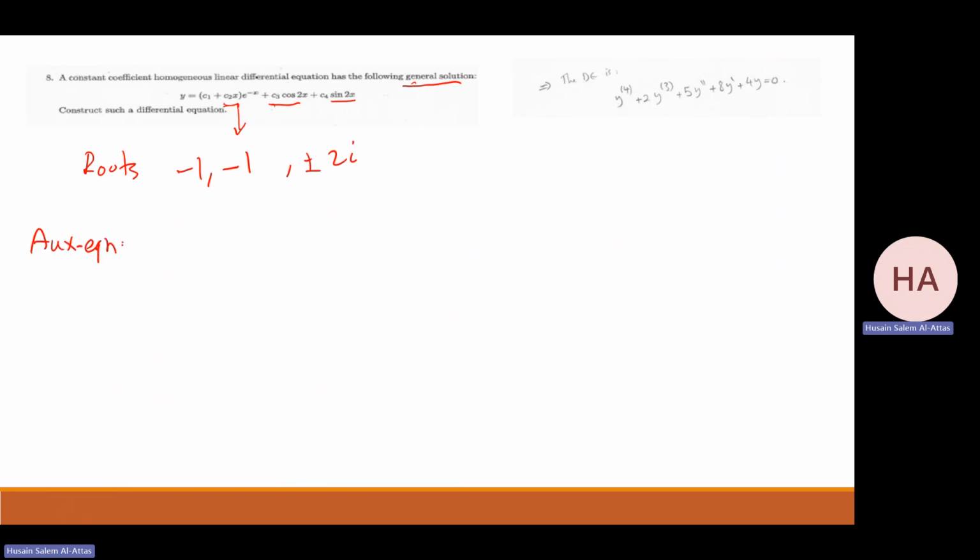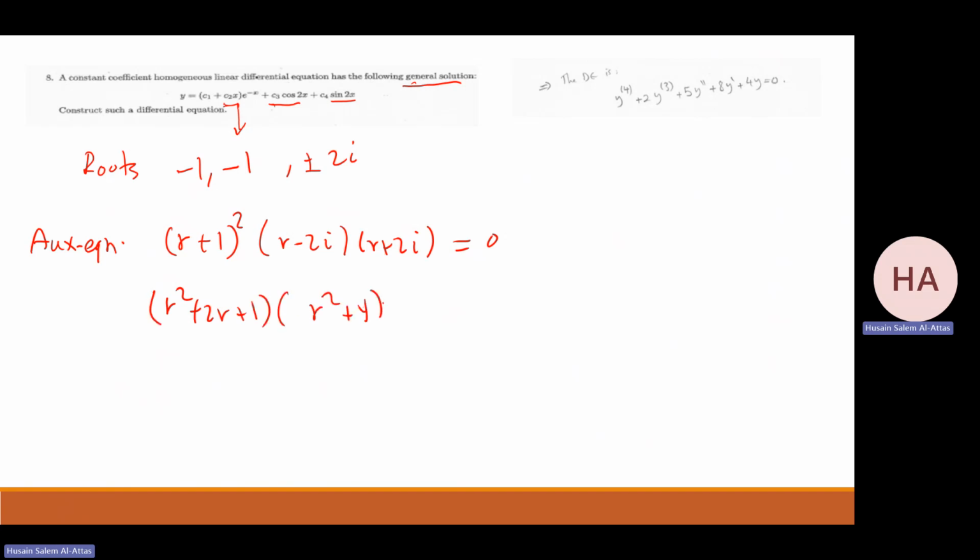So it will be my auxiliary equation. It will be r plus 1 square times r minus 2i, r plus 2i is equal to 0. So I have r squared plus 2r plus 1 times r squared plus 4 equal to 0. That r to the power 4, I have 2r cubed.